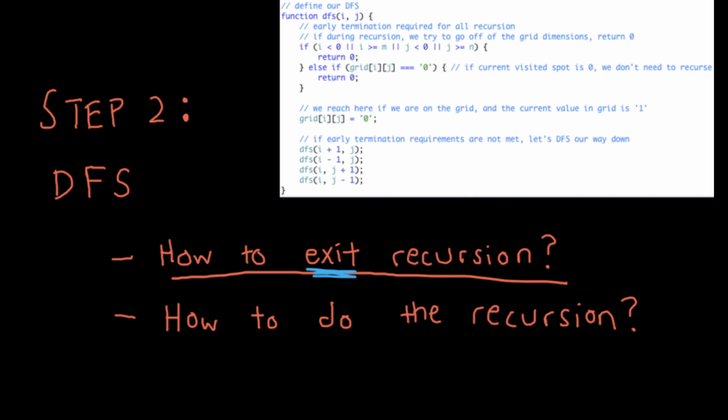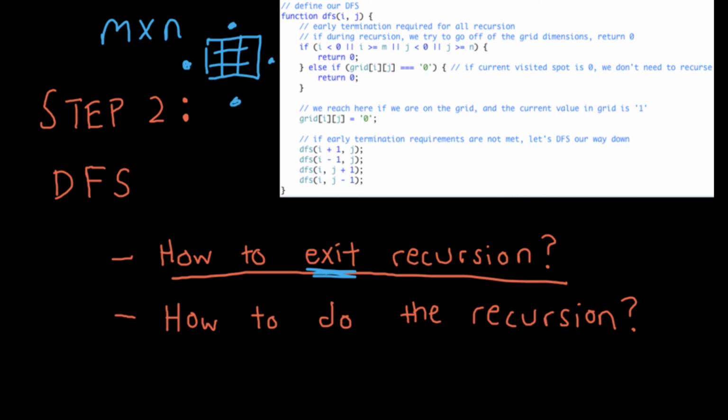So let's talk about what your boundaries are. Well, if you're doing an m by n grid, it basically means if you're falling off, like this is our grid, okay? If you're falling off to the left side, or to the right side, or to the top, or to the bottom, well, what does that mean exactly?